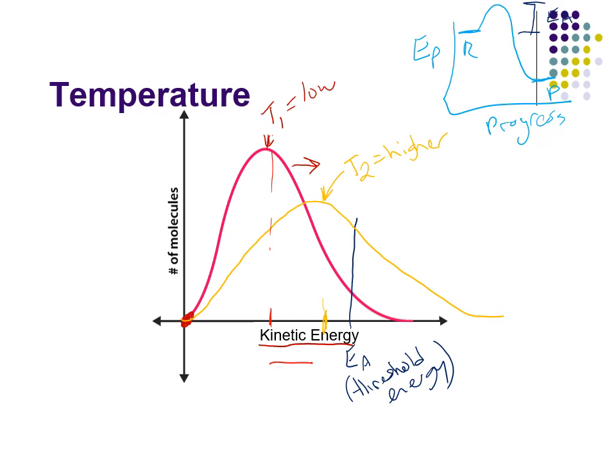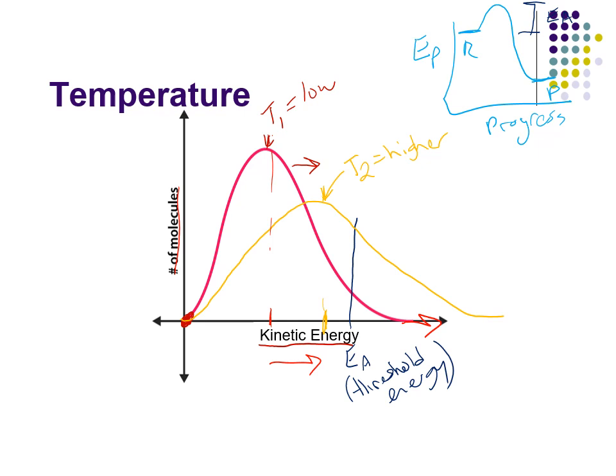So we are increasing the temperature. The curve looks like it's lower, but remember the y-axis is the number of particles, not energy, because we're not increasing the sample size. We're essentially just pulling on this tail over here and pulling it along further, and so the curve is going to get a little bit lower down.